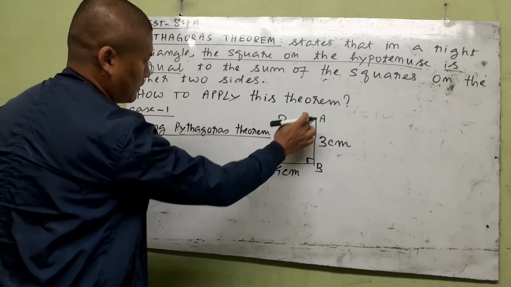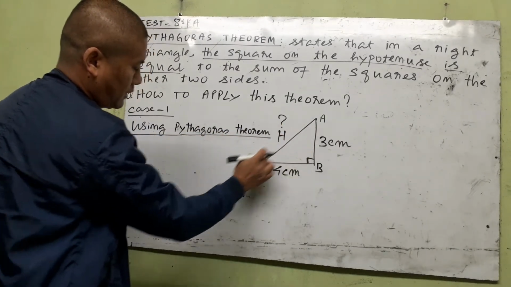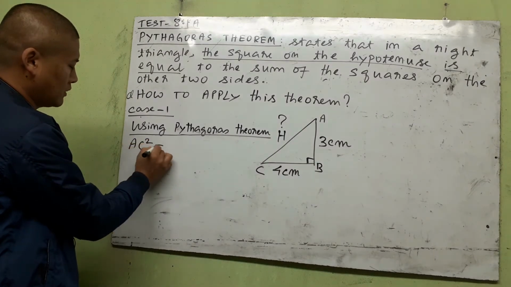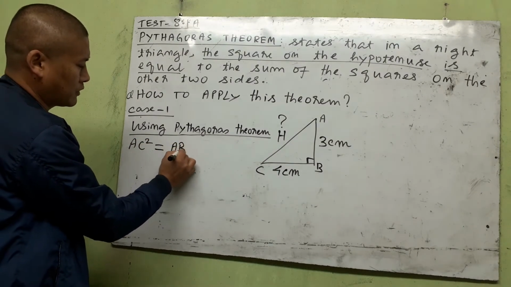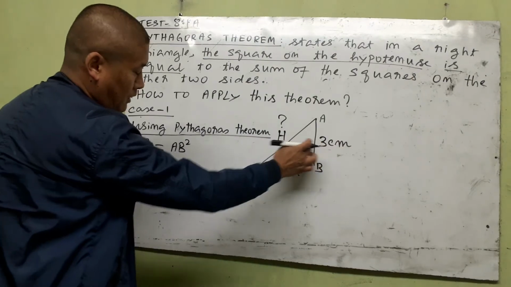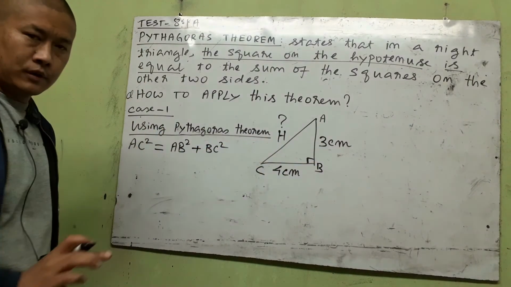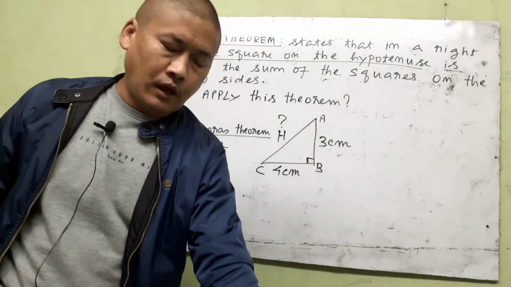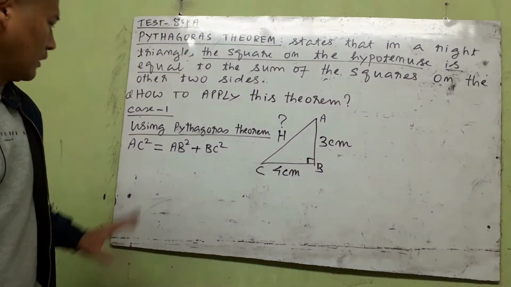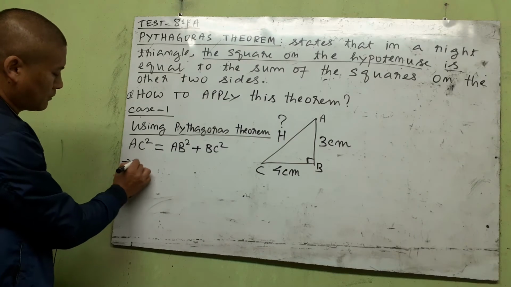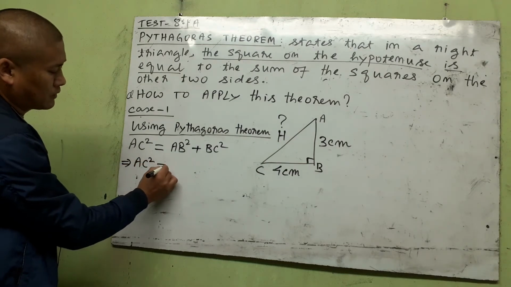Using Pythagoras theorem, let us find this unknown side, which is the hypotenuse. Hypotenuse square is always equal to the remaining two sides given, AB square plus BC square. We have to add if we are finding the hypotenuse, which is unknown.